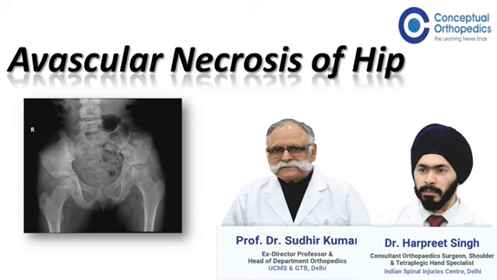I think you must examine the opposite hip. It's very important, because many a time you get a bilateral problem in avascular necrosis of the femoral head. And you should understand about the axis deviation in these patients.